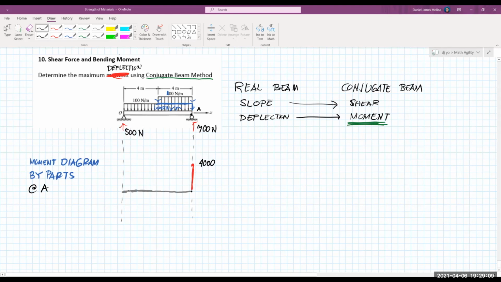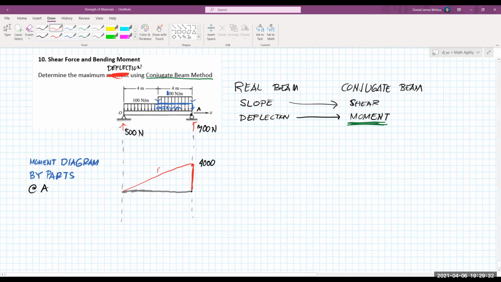And of course, since it's a concentrated load, the moment diagram will be a first degree curve. So we have a triangular moment diagram for the concentrated load. Since it's going upwards, the moment should also be going upwards, and it is positive.